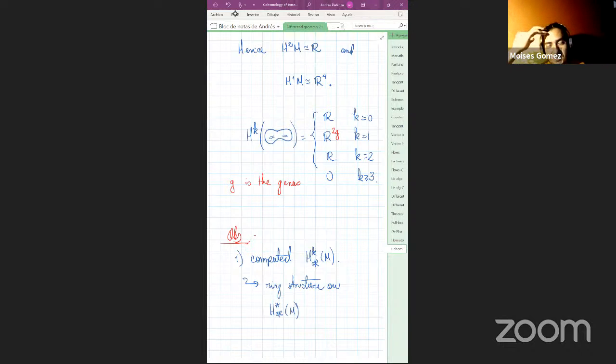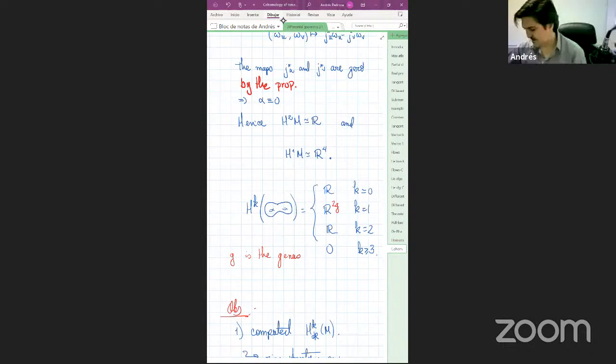Can you go back to it, please? Yes. So I used the argument of connectedness in several examples. Do you mean in this example or in which other example? In this example. Okay, let's see.